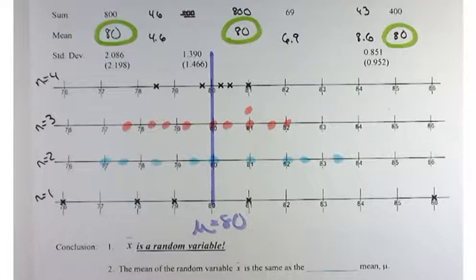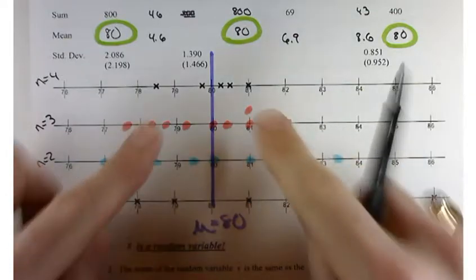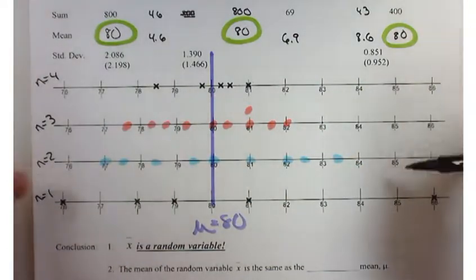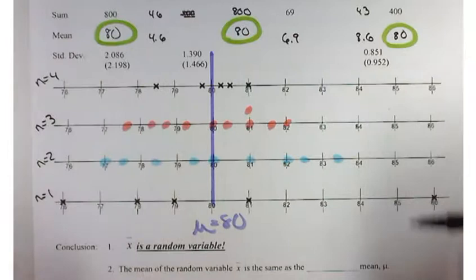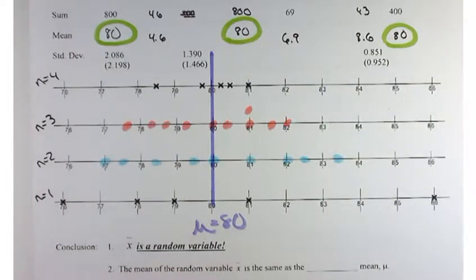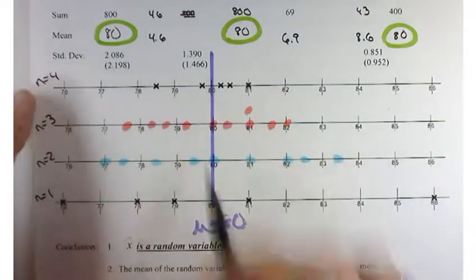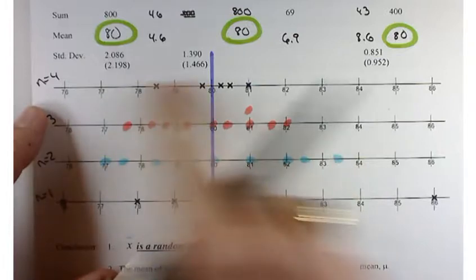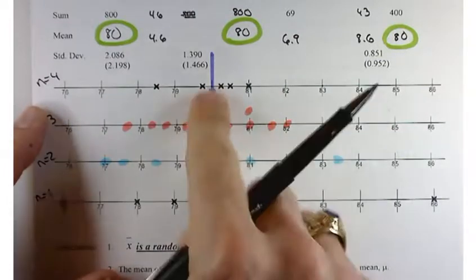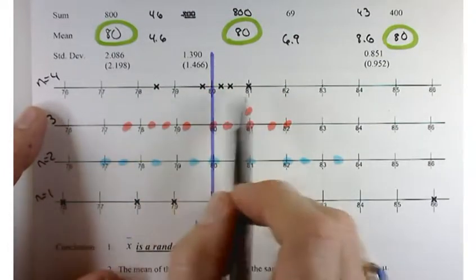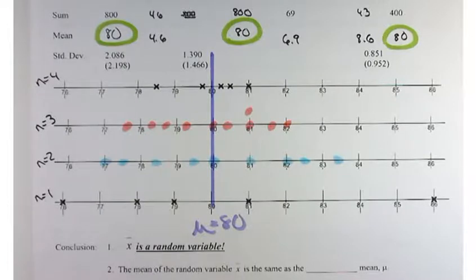So what's happening as your sample size increases? What's happening to all these different possible sample means? Can you describe any trend here? Yeah, they're getting closer to 80. On average, if you averaged any of the values in any of these rows, you're going to get 80. So the sample mean is an unbiased estimator. On average, it gives you what you're looking for.